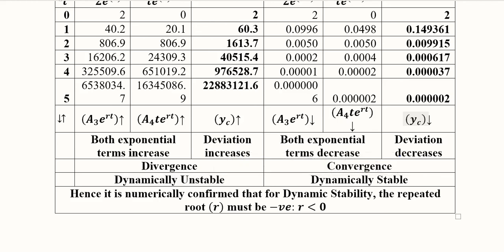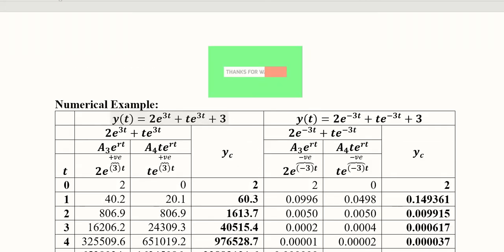So the conclusion, the formula or hack or signal of having a dynamically stable equilibrium in case of the equal or repeated real roots, is that the root should be negative. So this is the formula or identification of a dynamically stable equilibrium in case of the repeated real roots case.